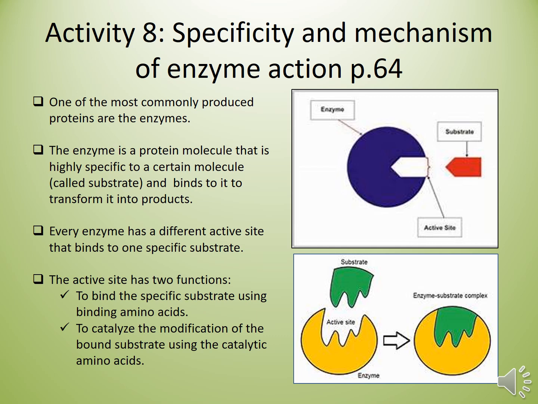Every enzyme has a different active site that binds to one specific substrate. The active site has two functions: to bind the specific substrate using a binding amino acid, and to catalyze the modification of the bound substrate using the catalytic amino acids.